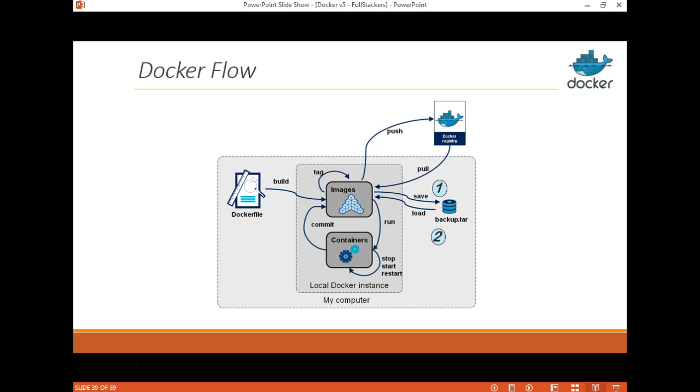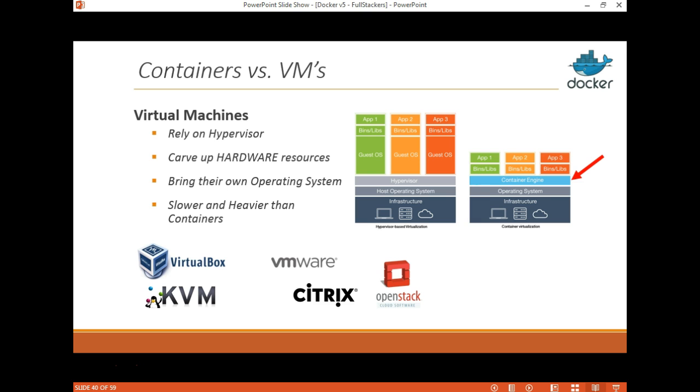Right on. So containers versus VMs, we already kind of covered this a while ago, but I probably should have had this slide earlier. VMs rely on the hypervisor, hide hardware resources, bring their own OS, and are bigger, bulkier, slower, but they have their use cases.